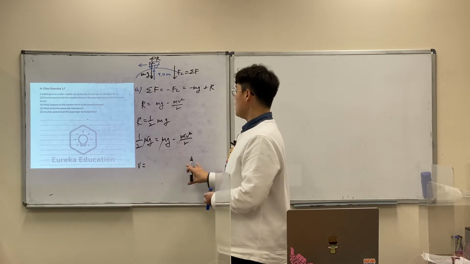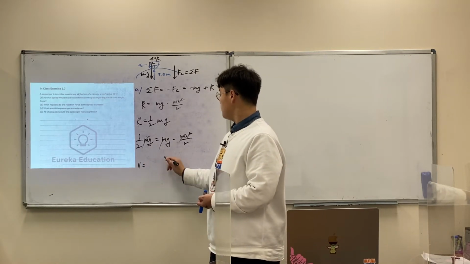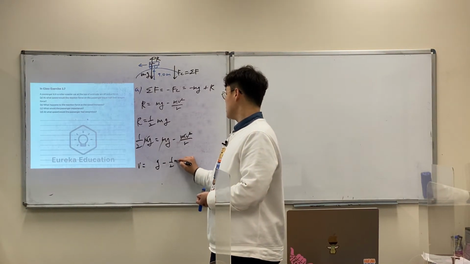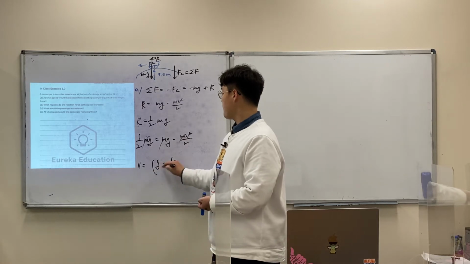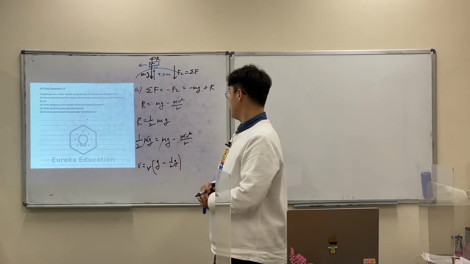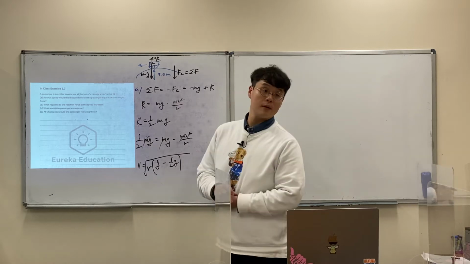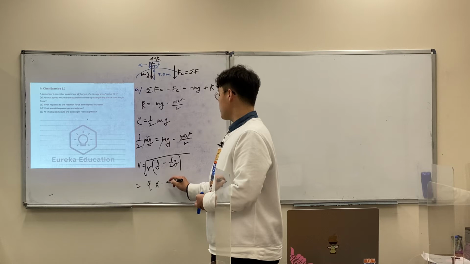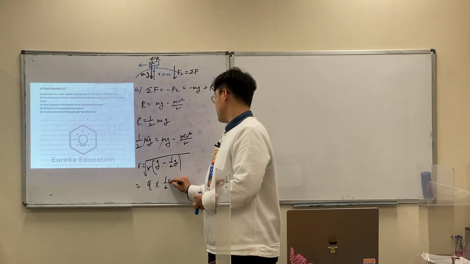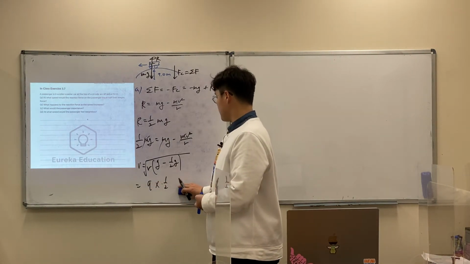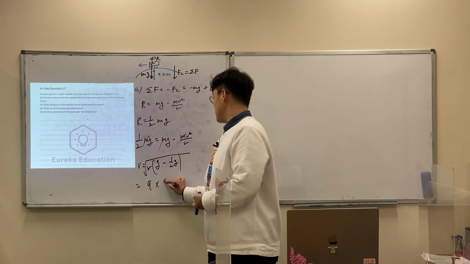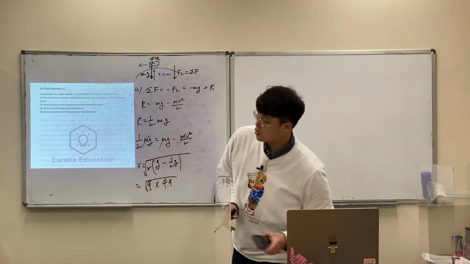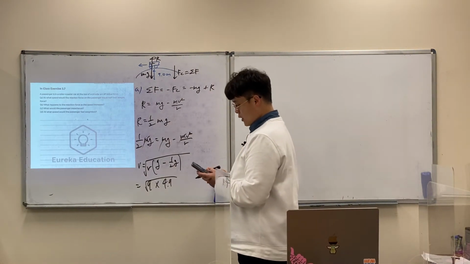Then move the subject to v. Then v would be g minus half g, times r, and square root of that. The r is given as 9, and half g, which is 9.8, is 4.9. So you get 9 times 4.9 and square root of that.